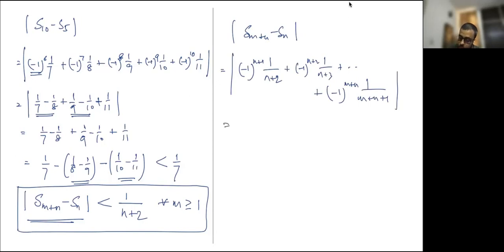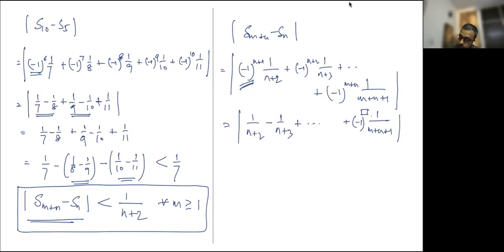So first step, you take this out of the modulus sign. So what you will have is this. Here, the sign of the last term would depend on the value of m, so you have to write down and see whether it would be m or m plus 1.